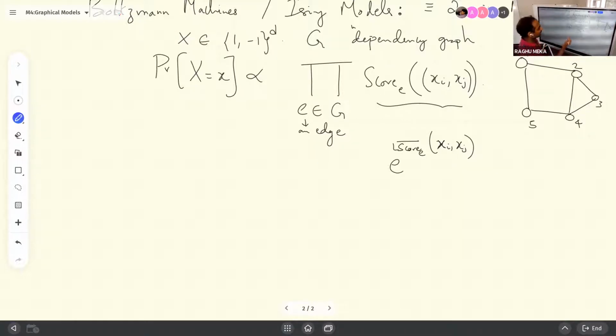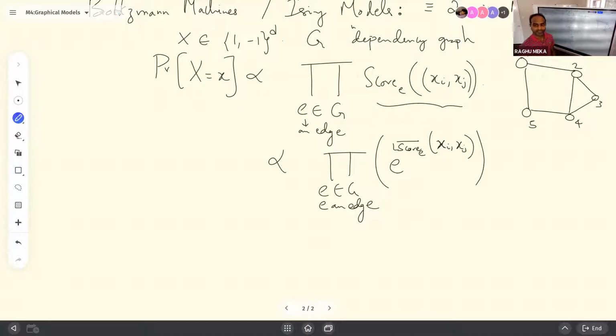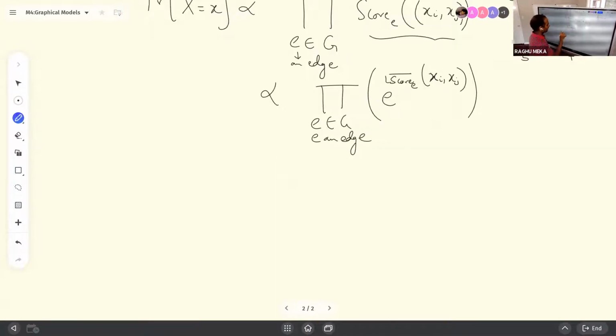And if I parameterize it this way, then what I get is a product. And the nice thing is it becomes a sum.